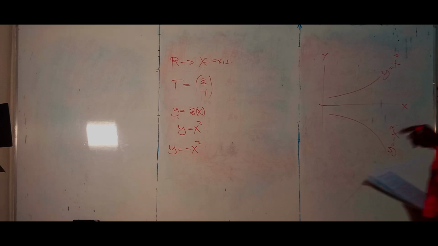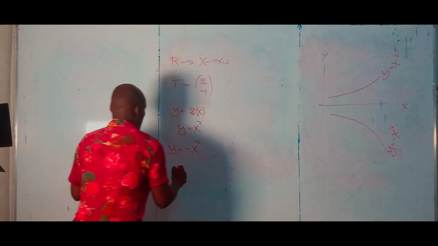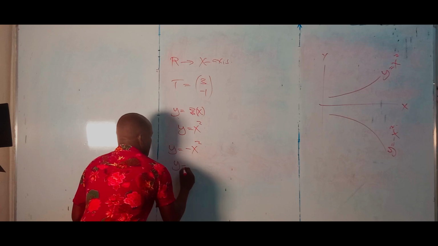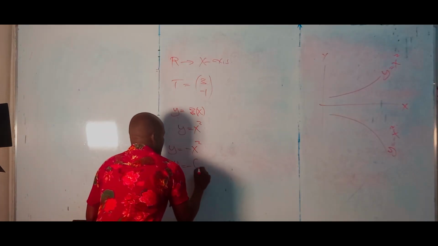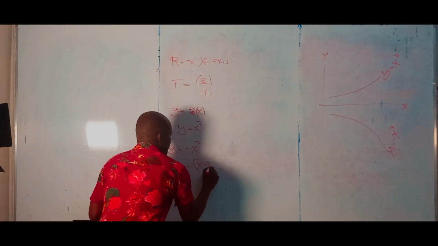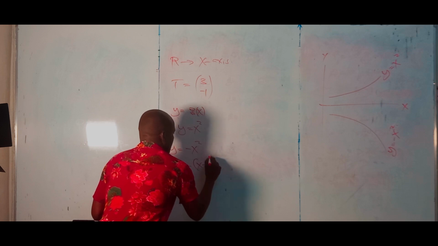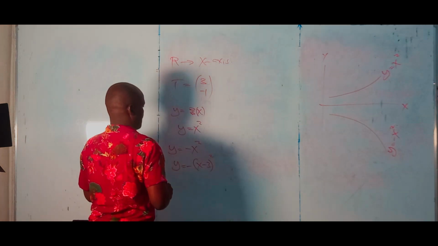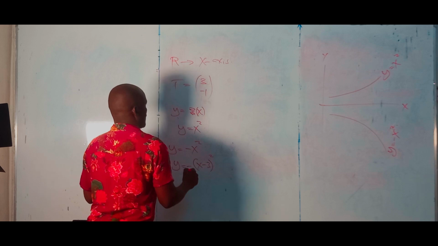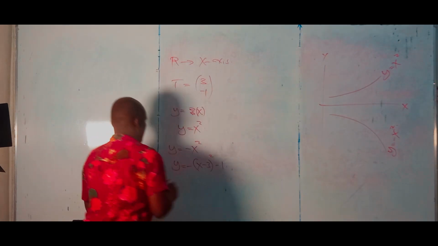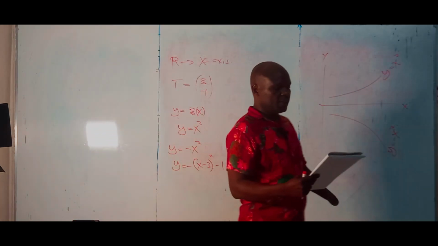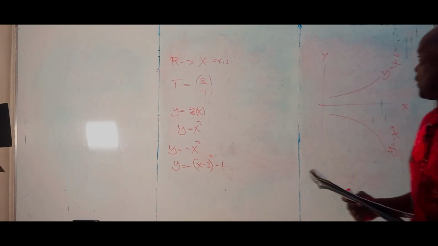So what I end up with here is y = minus (x minus 3) squared minus 1.